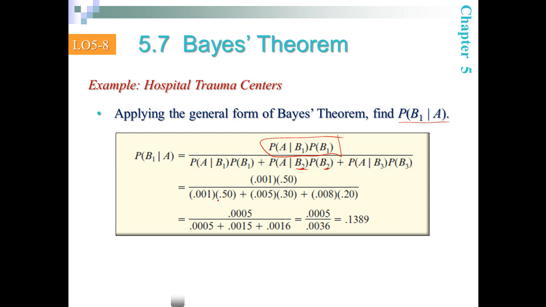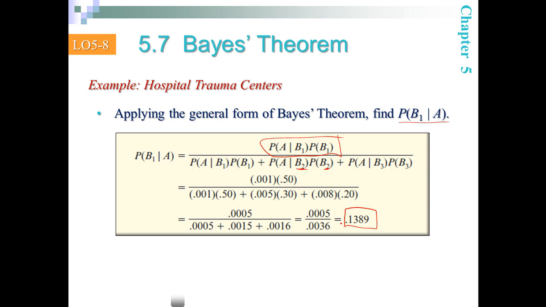There's 0.1% times 50%. Again, that shows up here. We have 0.5% times 30%, 0.8% times 20%. Multiply all those things together, and now we get a posterior probability of about 14% for going to Hospital 1, given that there was a lawsuit.